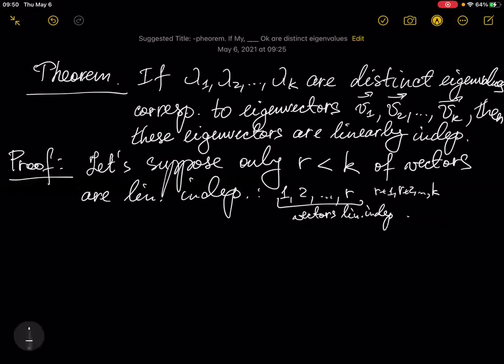So these first R vectors are linearly independent, and if I add any of these vectors already, I'm getting a linearly dependent collection of vectors. Okay. What I will try to prove is that R has to be equal to K.